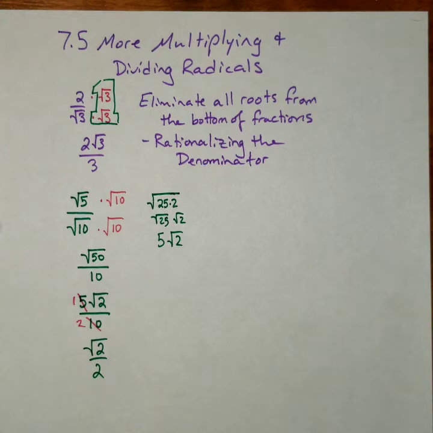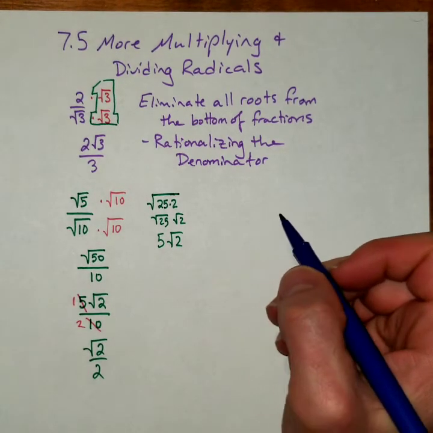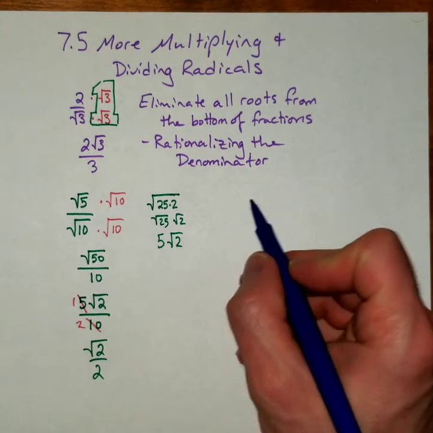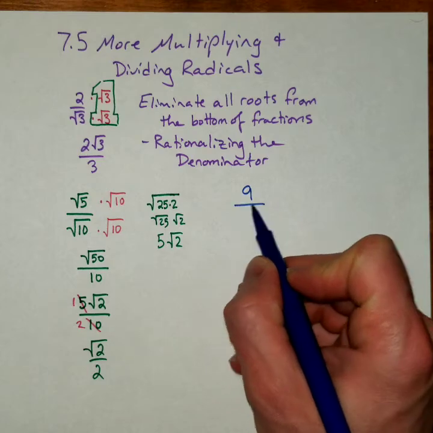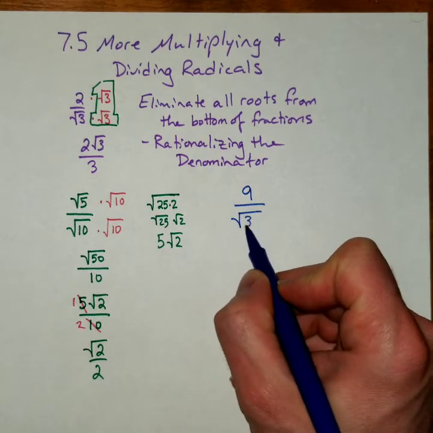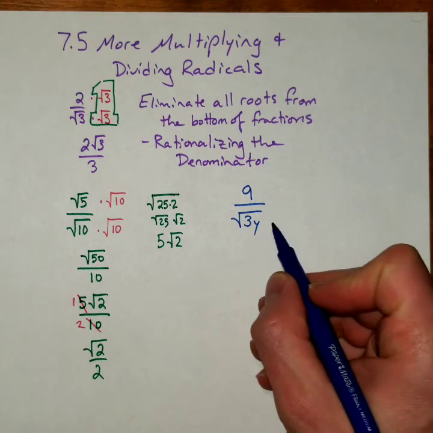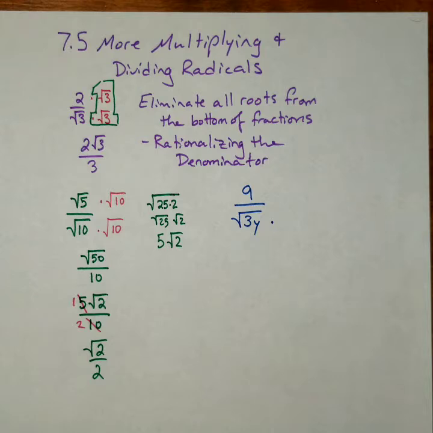Okay, now some of these examples are going to involve some variables, and so you might have something like, I don't know, how about 9 over the square root of 3y. Alright, so here I've got a variable involved. Same idea, multiply, let's change color up.